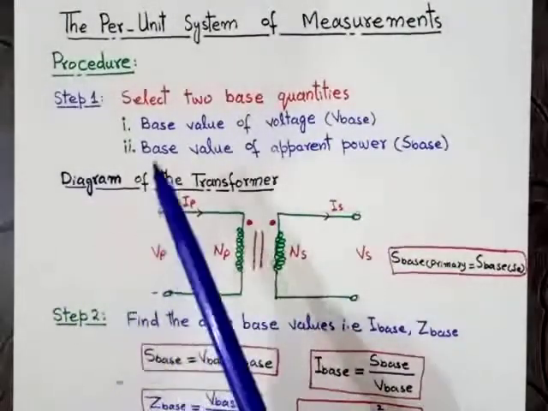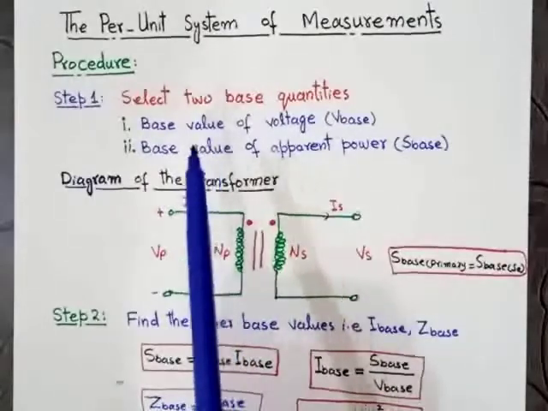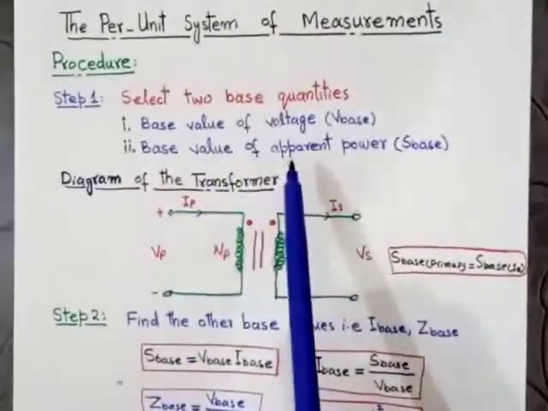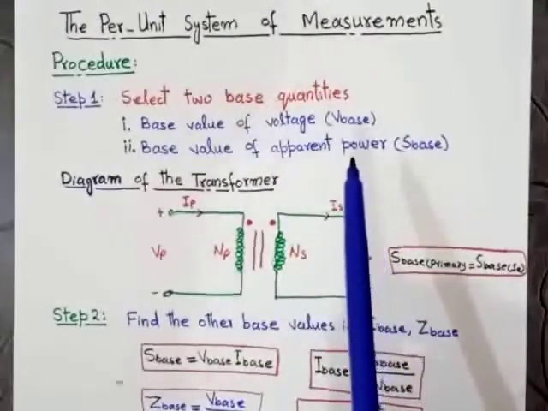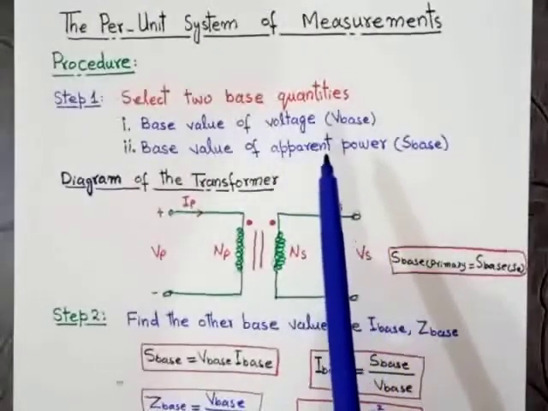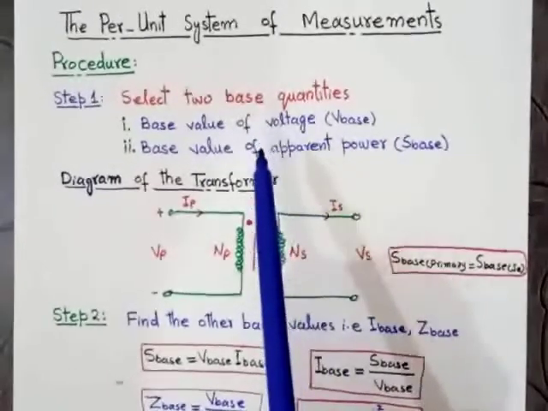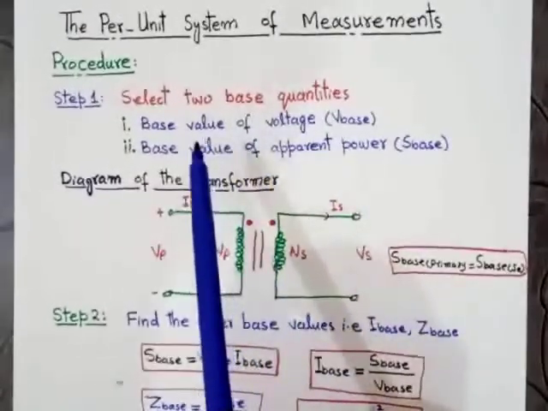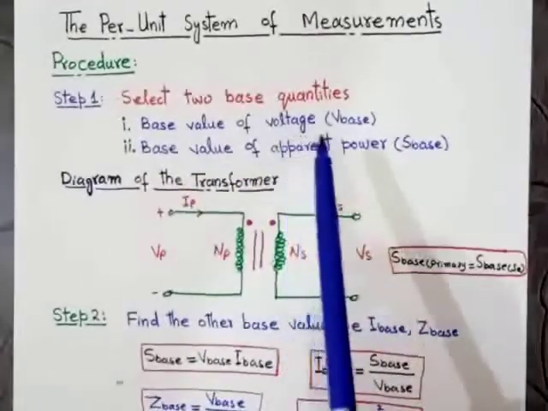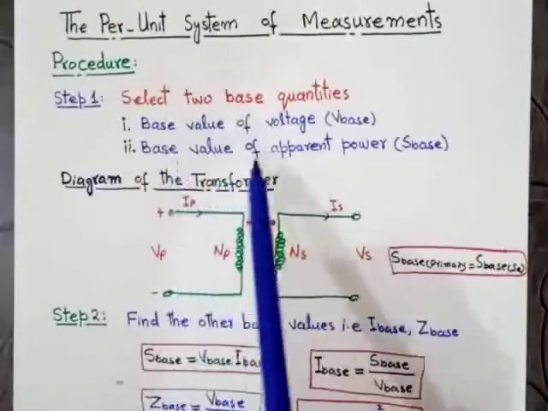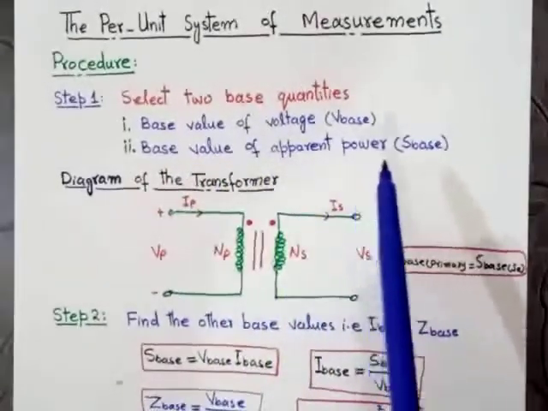Usually we select the base value of the voltage and the base value of the apparent power. So normally we select the two base quantities in step number 1. The first one is the base value of voltage, V base, and the second one is the base value of the apparent power, that is S base.